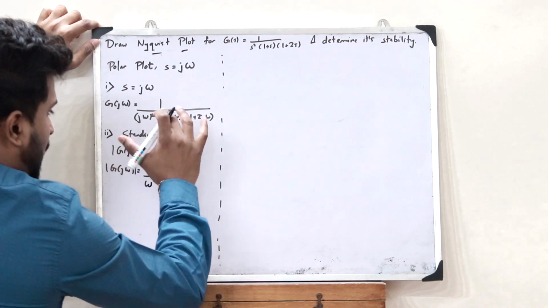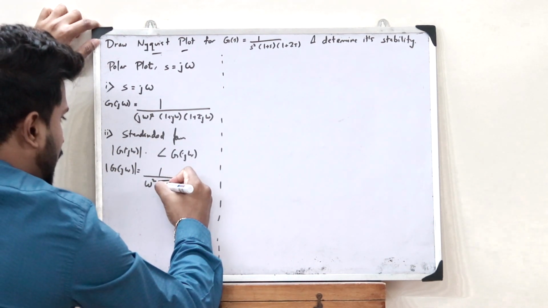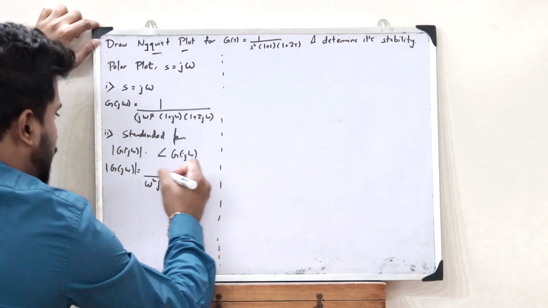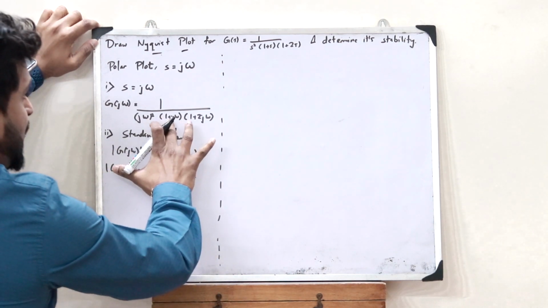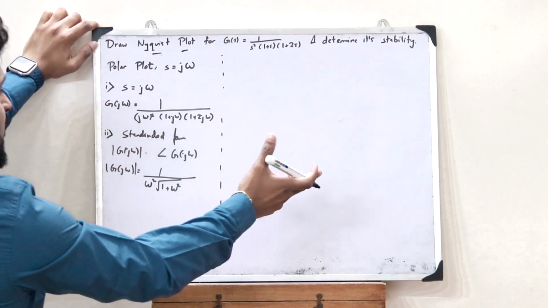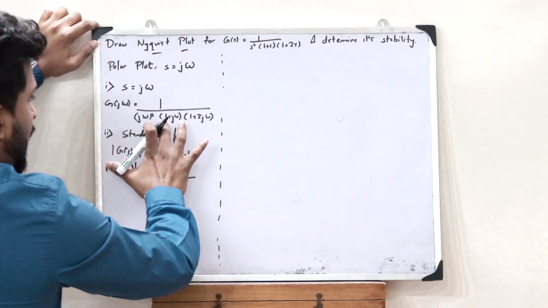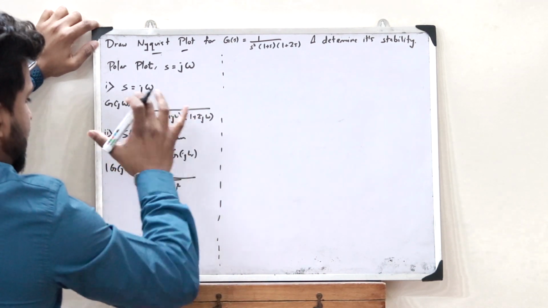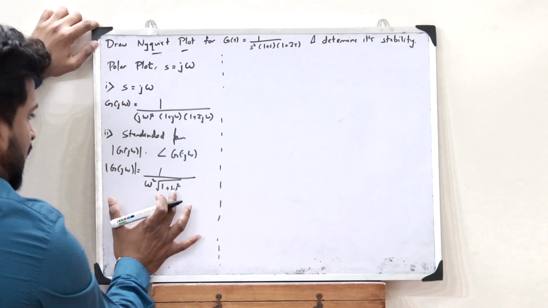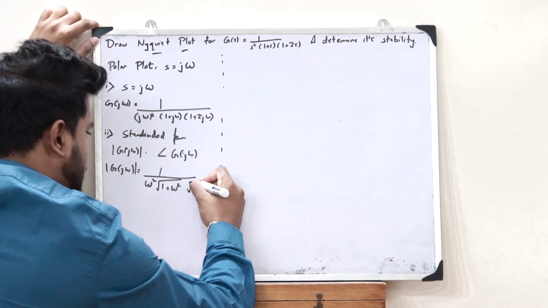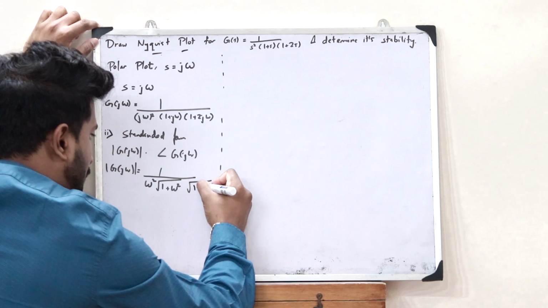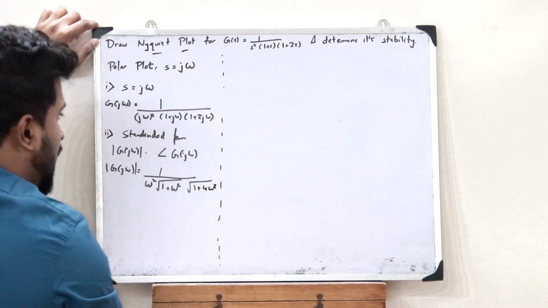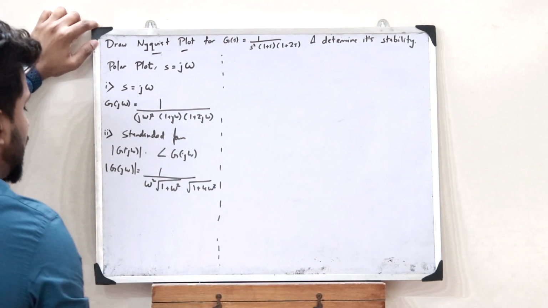Here we have 1 plus j omega, that is root of 1 plus omega squared. That is because the magnitude of a plus jb is equal to root of a squared plus b squared, so the root of the real part squared plus the imaginary part squared. So root of 1 plus omega squared. Similarly here also we would have root of 1 plus 4 omega squared. That is the magnitude of g of j omega.